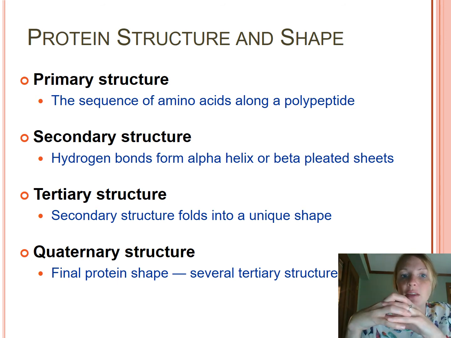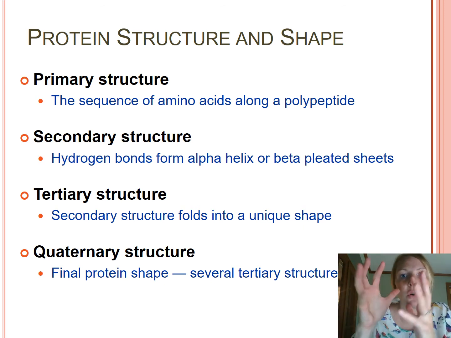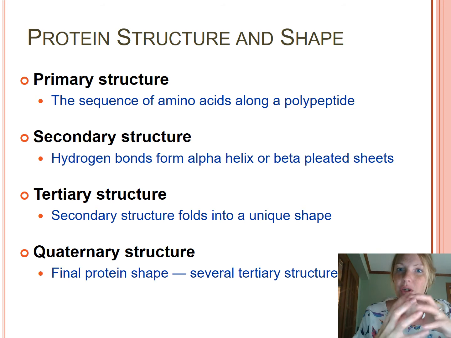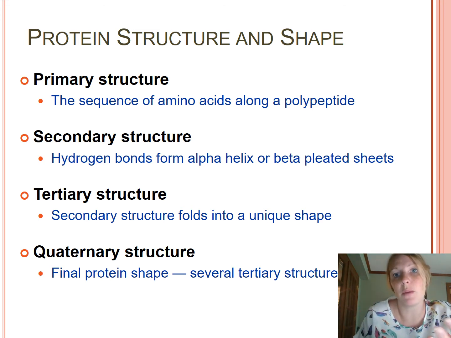Even if the primary structure, all the amino acids are in the right place, and the alpha helices and the beta pleated sheets are fine, if something comes in and interrupts the way that this totally folds in like a three-dimensional structure, maybe it's twisted or bent or kinked a little bit differently, it could cause maybe a binding pocket to be not available.